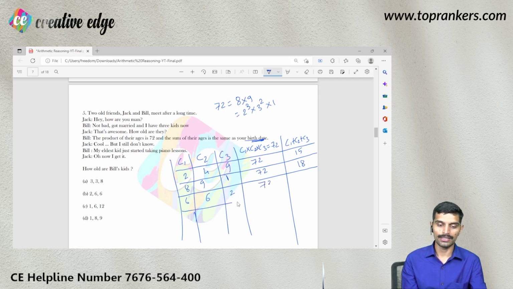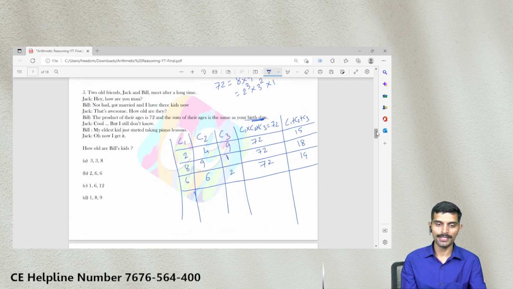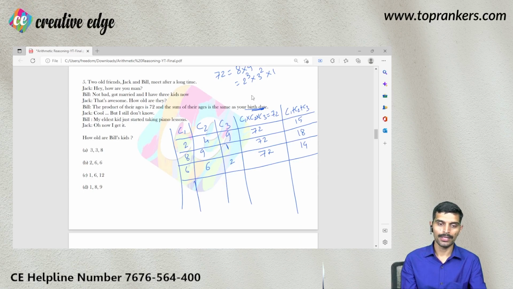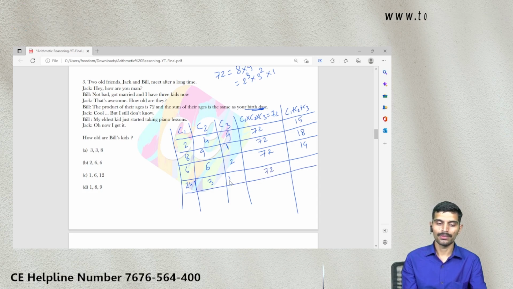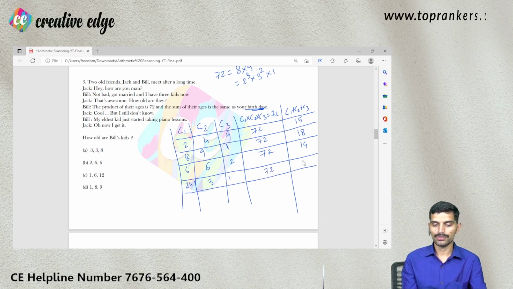We can write this one. So this is 6 into 6, 36 into 2, 72, and the sum is 14. Let's go with a few more possibilities. That is 2 to the power 3 into 2, 8 into 3, 24, right? Into 3 into 1. This is also 72. 24 plus 3, 27 plus 1, 28.